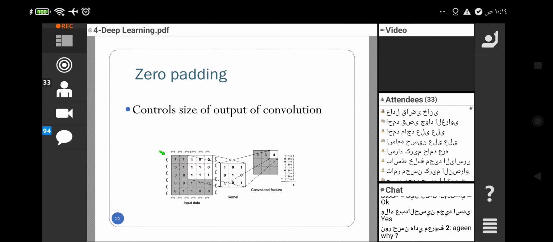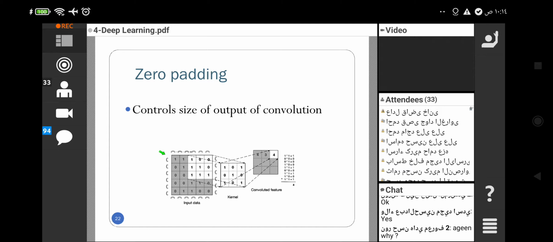If we want to move the center of the kernel on the boundaries, we should have zero padding. We should add zeros. This is what the system is doing. This is a concept, zero padding.